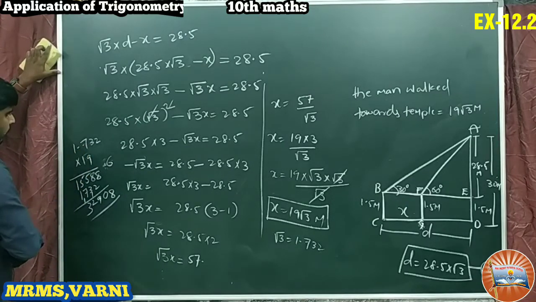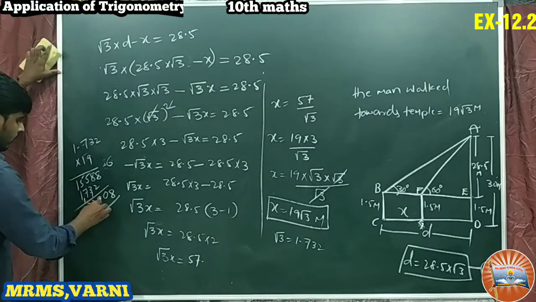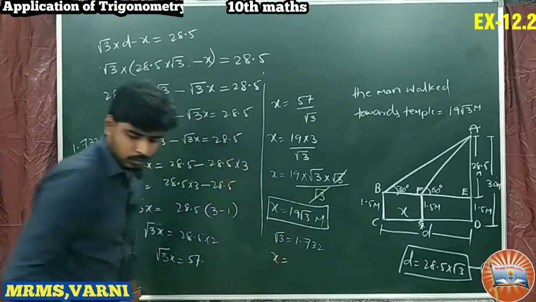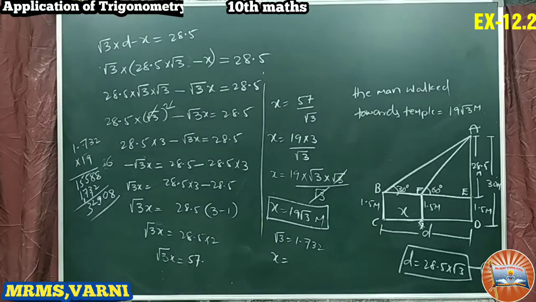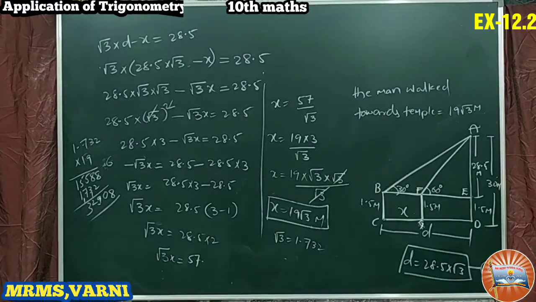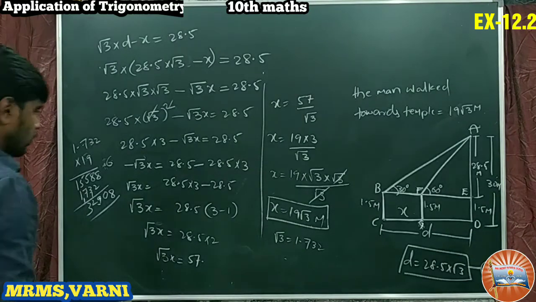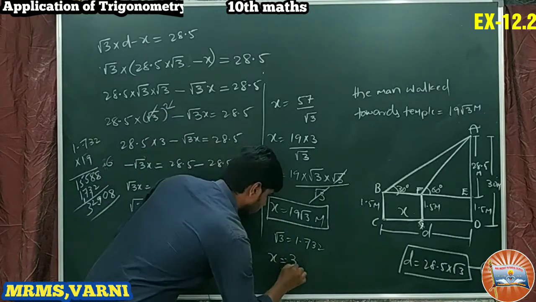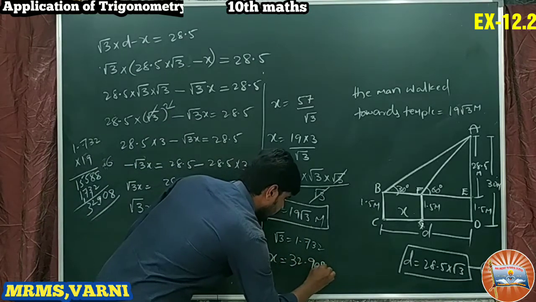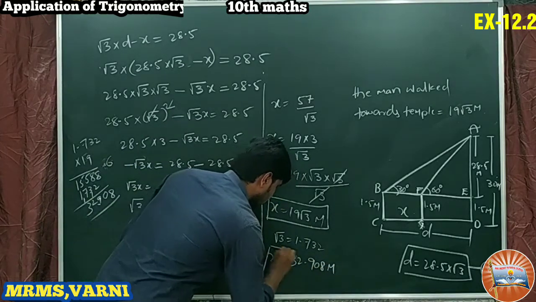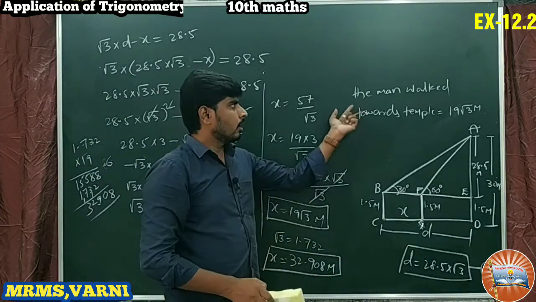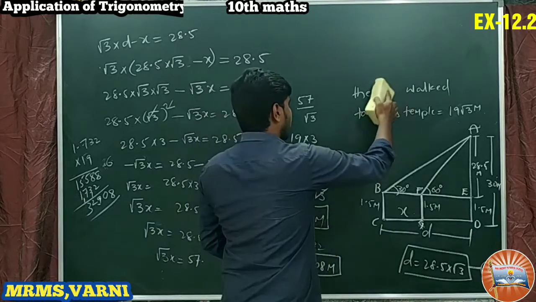After 3 decimal places, we got x is equal to 32.908 meters. This is the distance walked by the man.